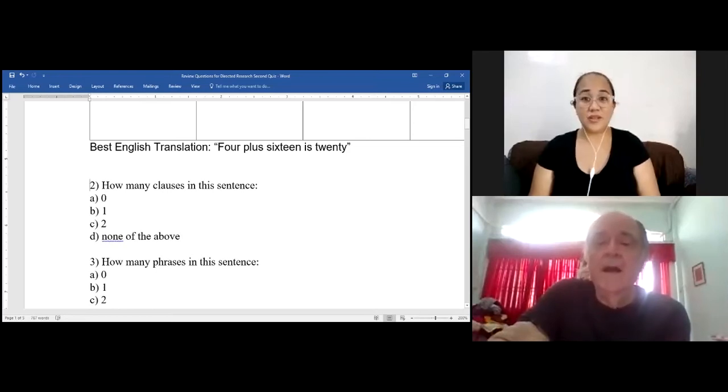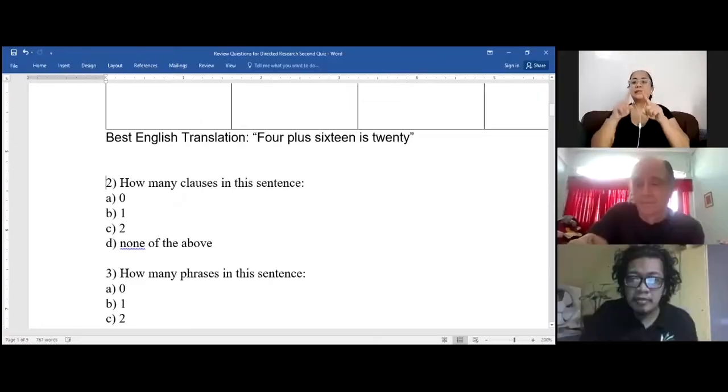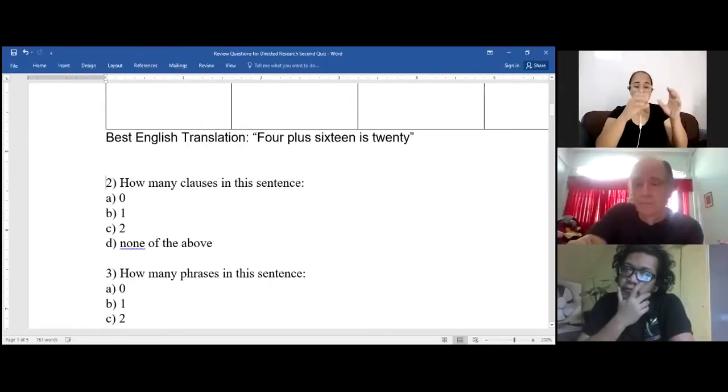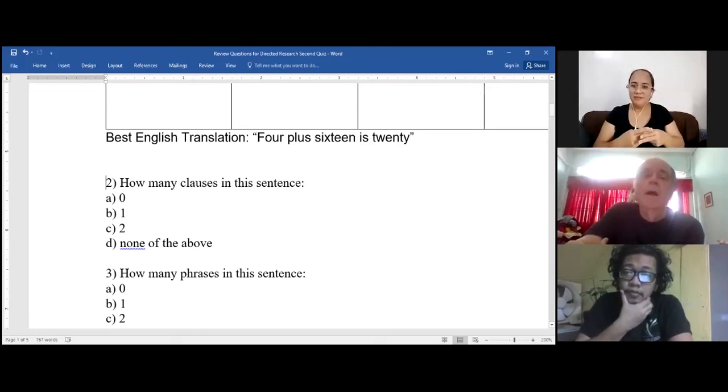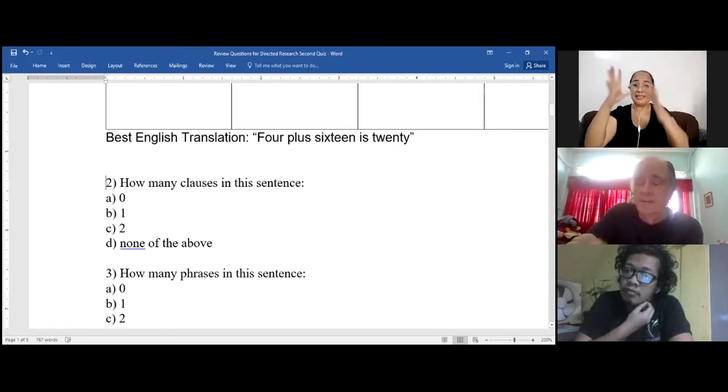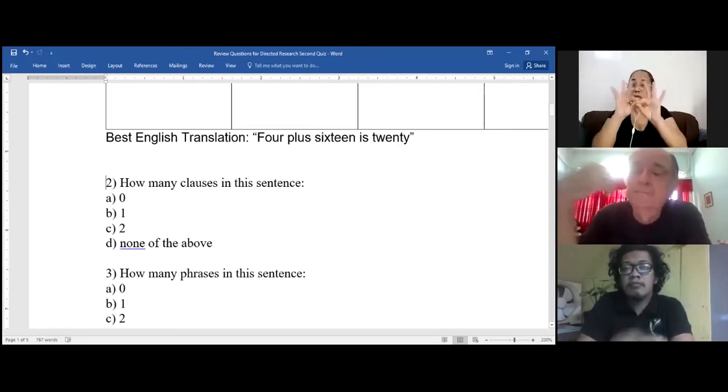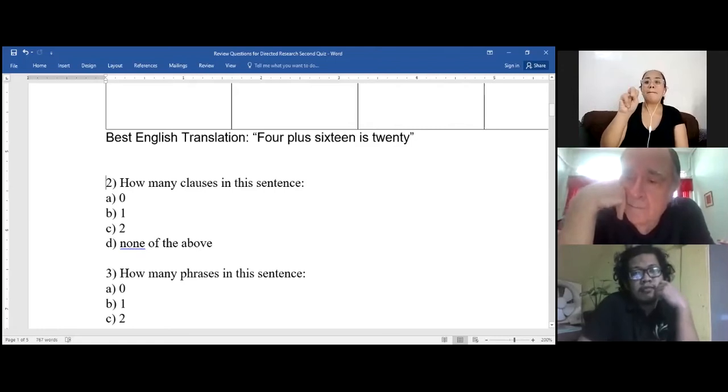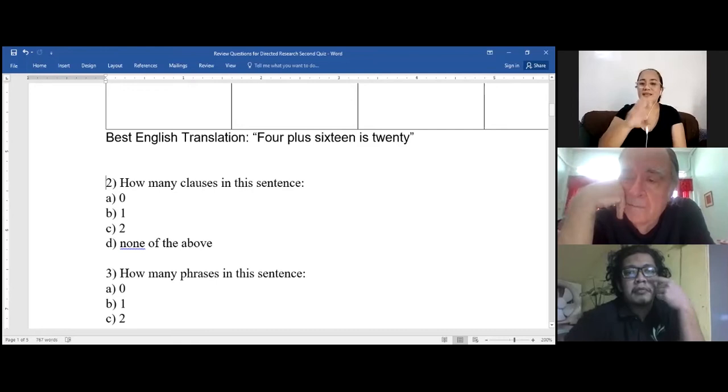Okay, now we have different names for different clauses. And the name of the clause that is most important is called the main clause, M-A-I-N.